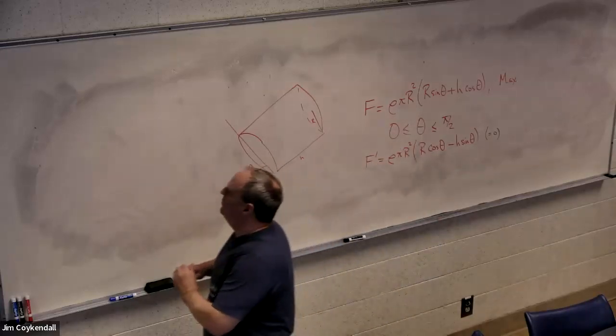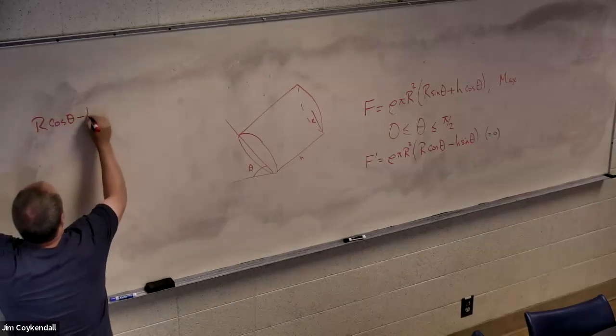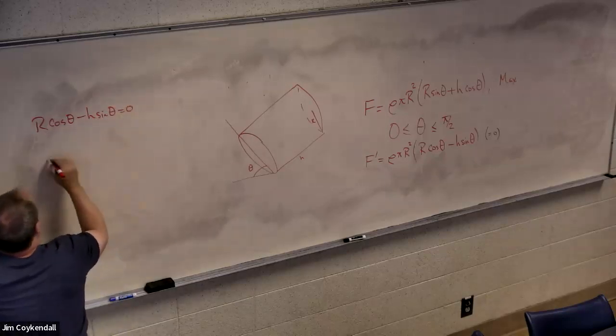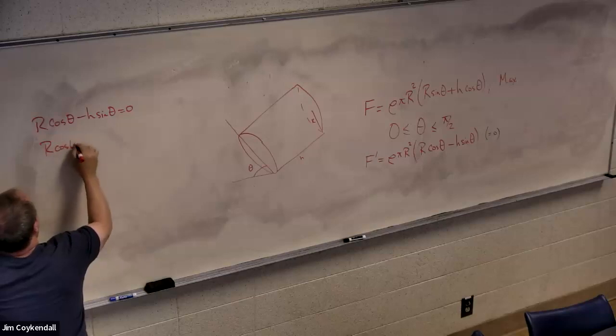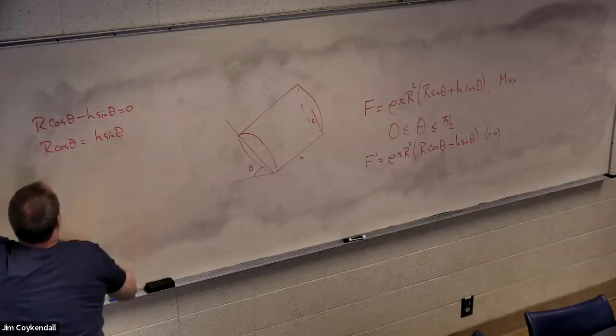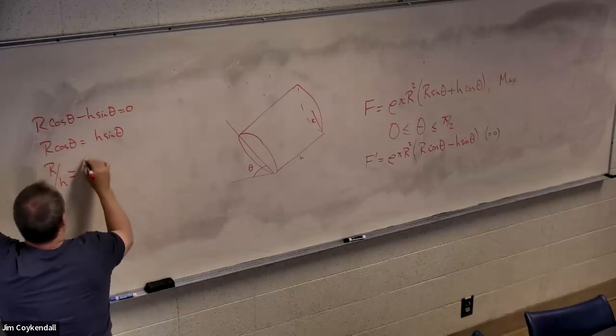So I basically get this really nifty equation: r cosine theta minus h sine theta equals 0. So I get r cosine theta equals h sine theta. And let's see, r over h is the tangent.